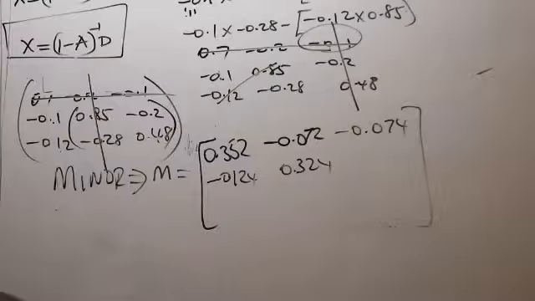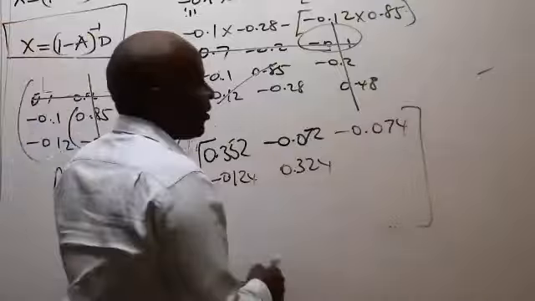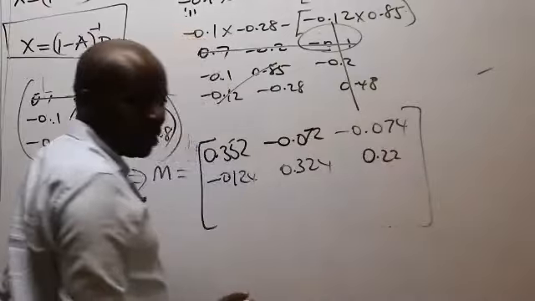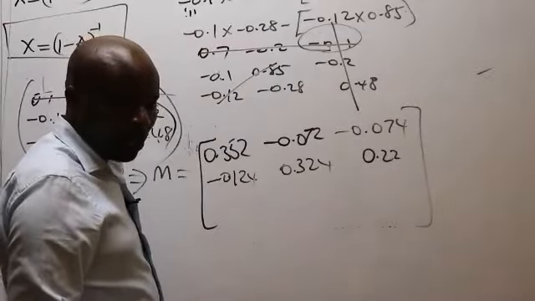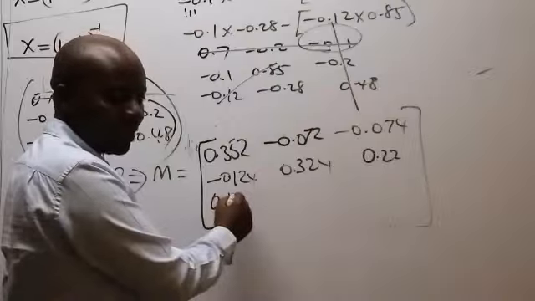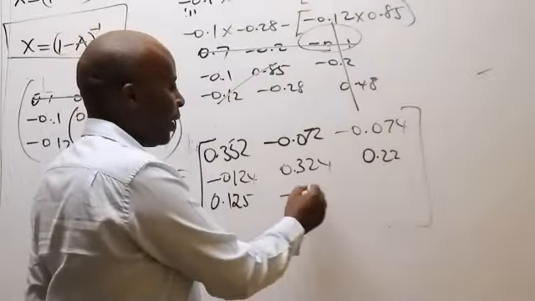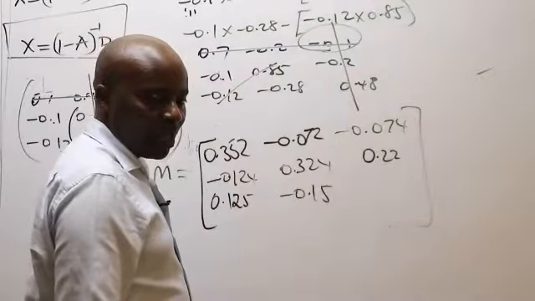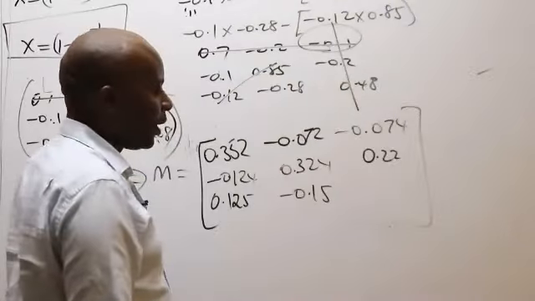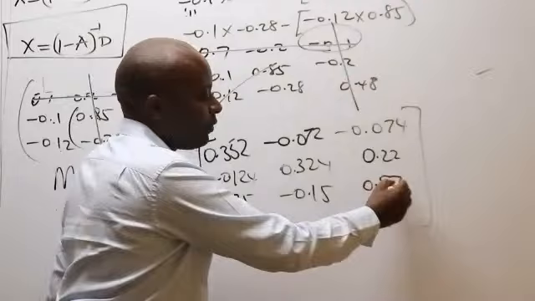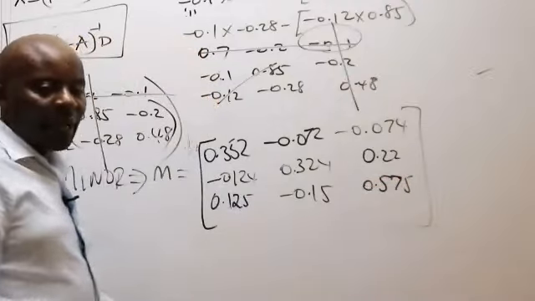The figures we have are 0.124, then 0.324, 0.22 here, then 0.175, 0.125, then negative 0.15, and then 0.5, 0.575. Those are the minor elements.